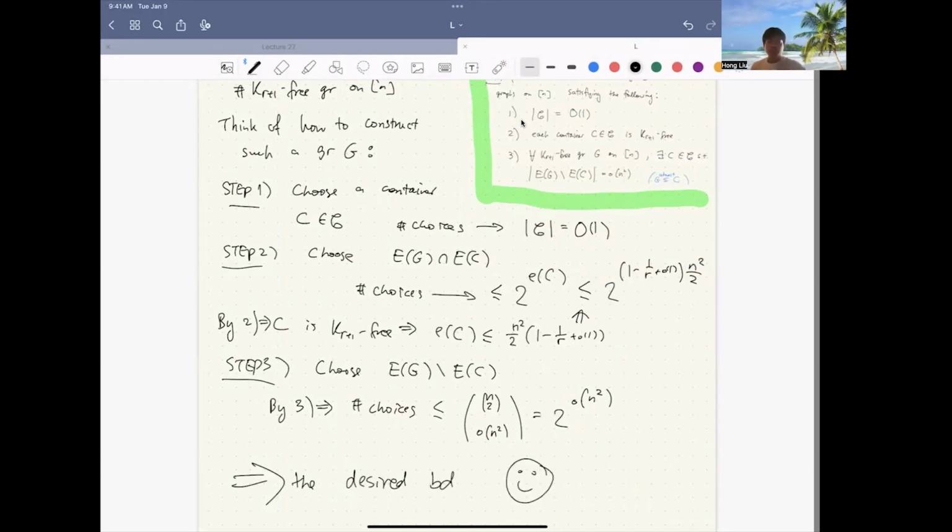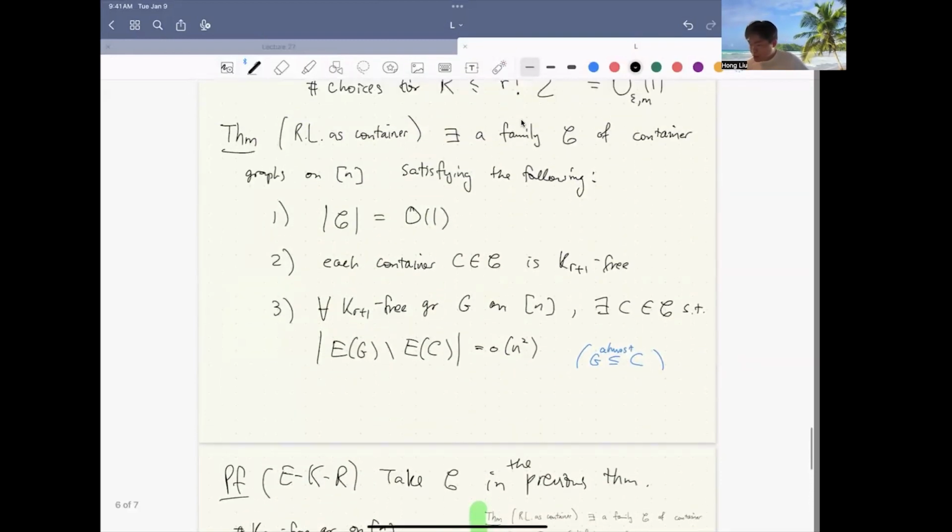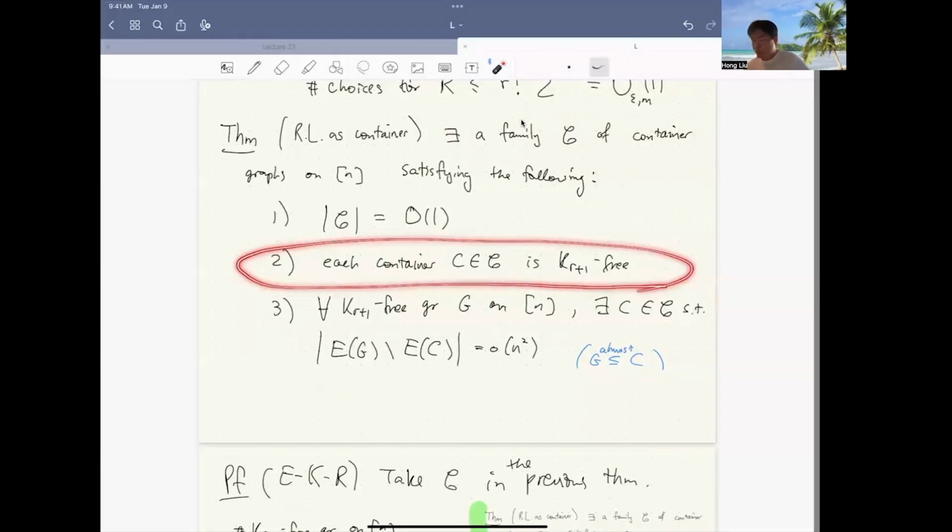Okay, any questions? One remark I want to make here is that maybe some of you might say, okay, so here each container is K_{r+1}-free, that's nice.